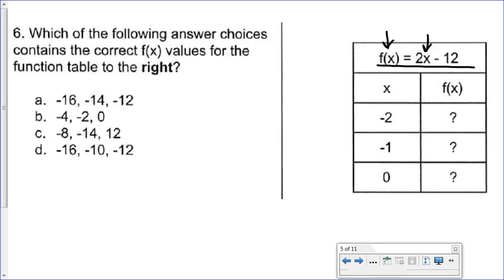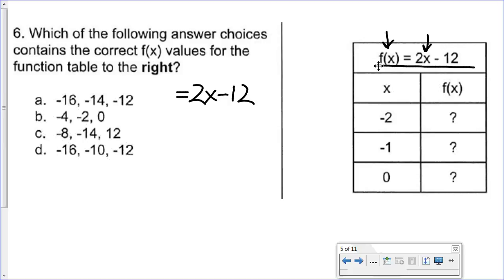So our x is our input, but the f of x is our output. So again, all they want us to do is just rewrite. So I'll just go ahead and say something equals 2x minus 12. And they just want us to plug in these different x values and see what we come up with.